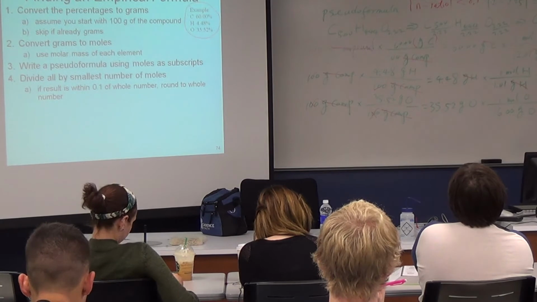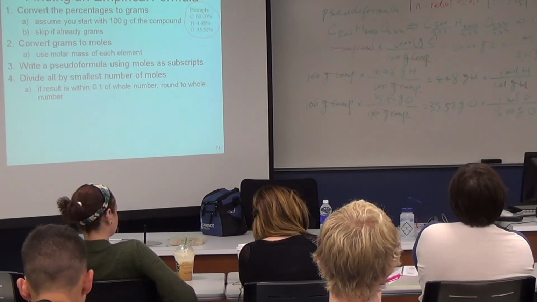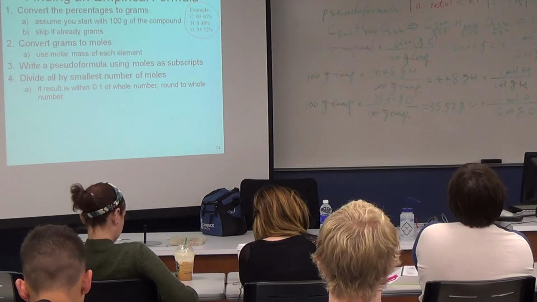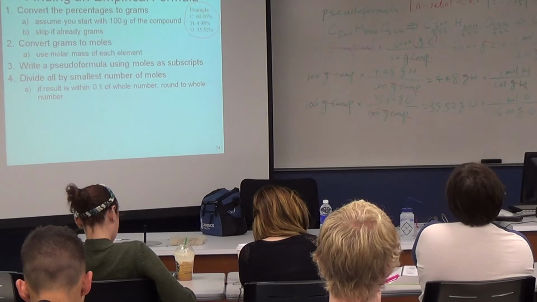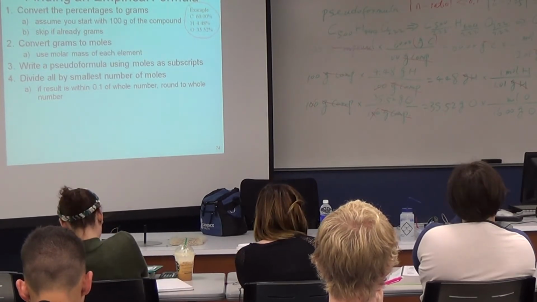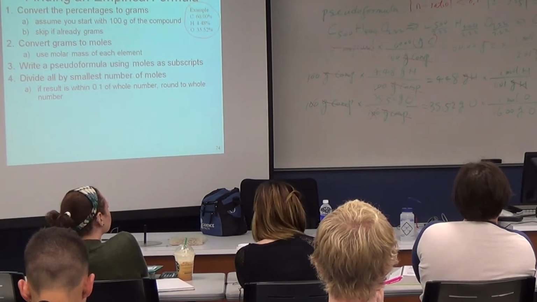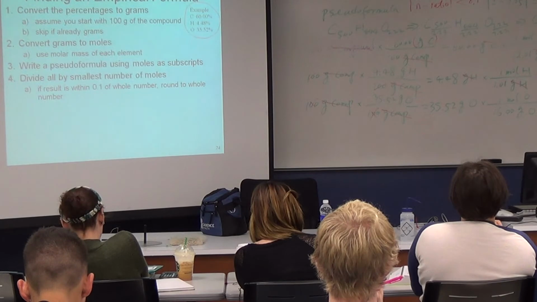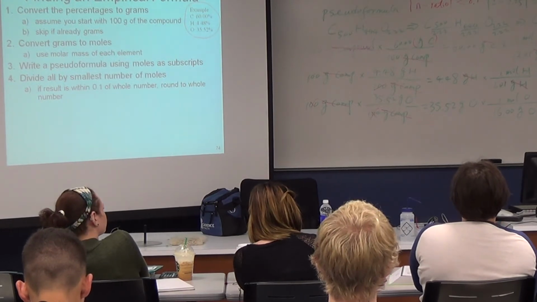So you have C 2.25 times 4, H 2.00 times 4, and O 1.00 times 4. What you get is C9, because 2.25 times 4 is 9, and then H will be 8, and O will be 4.